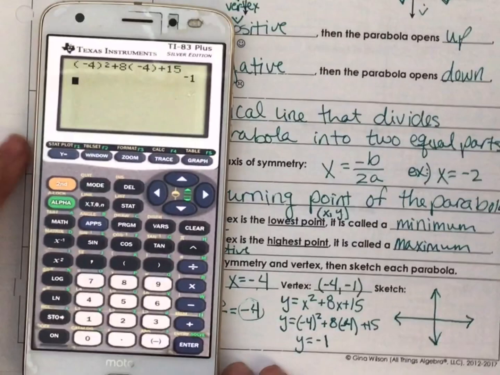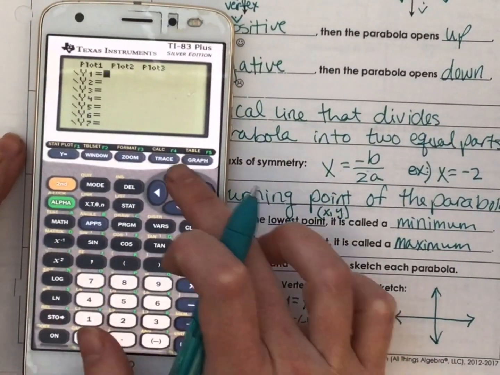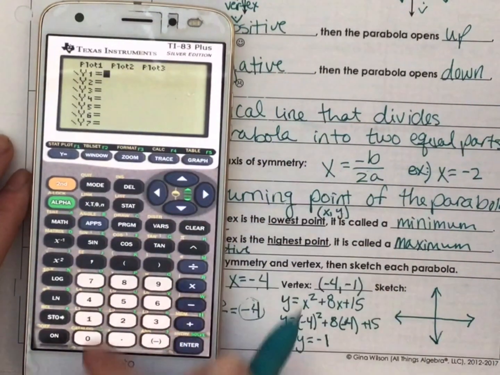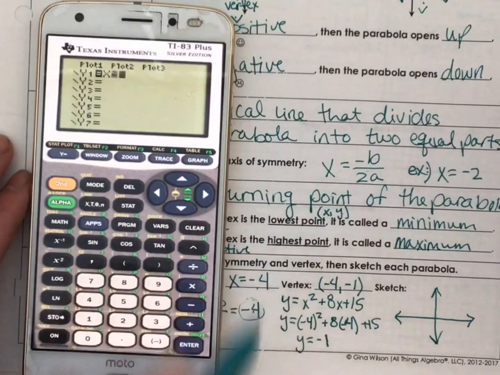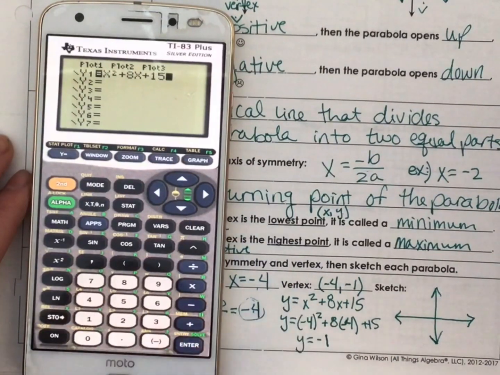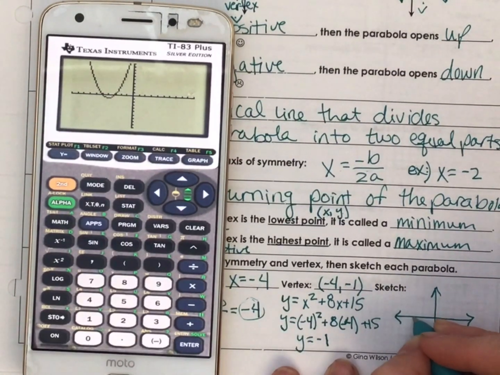We'll go back to our y equals. If you still have your other equations in there, use your arrow keys to delete those old equations. And we'll type in our new equation. X squared plus 8x plus 15. And so we go to our graph, and you'll see that it's way over here.